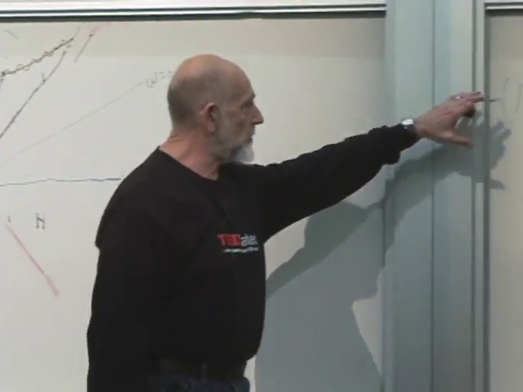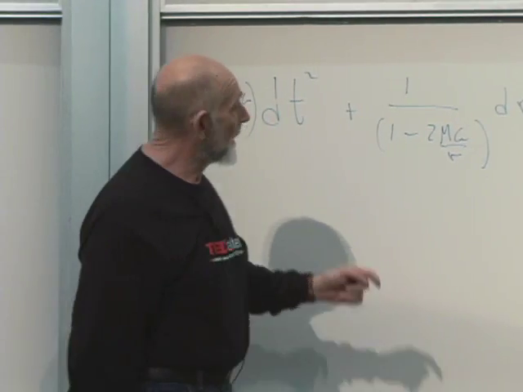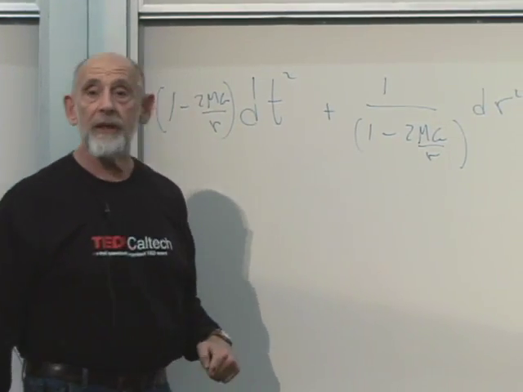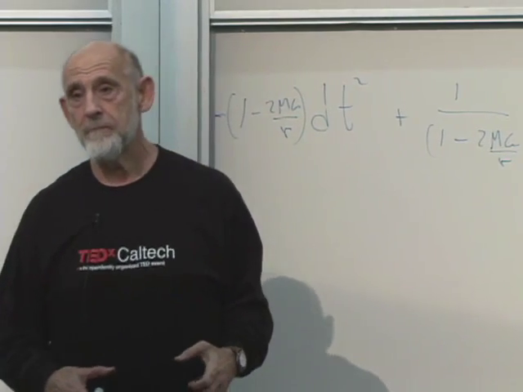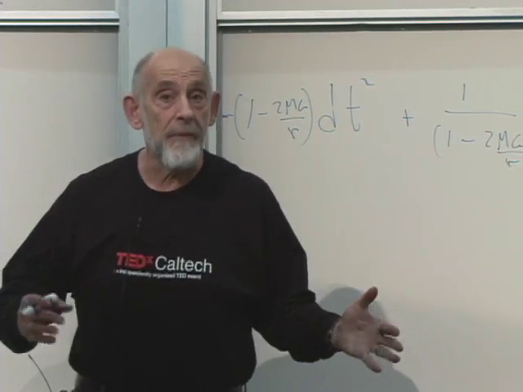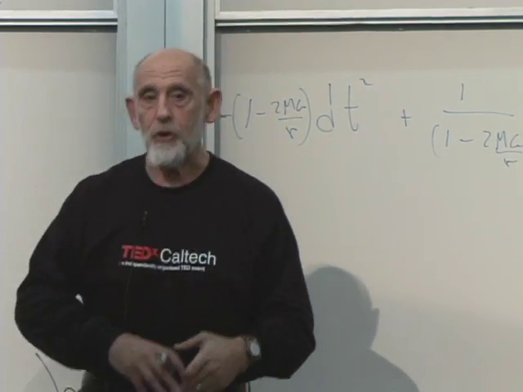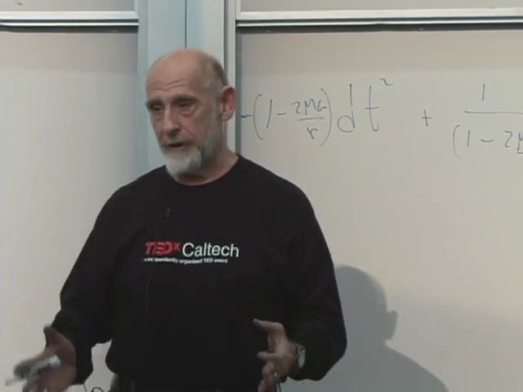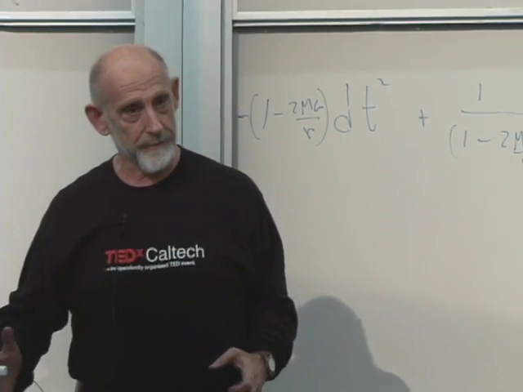In fact, these coefficients here don't depend on time altogether. And what happens to dt squared if we take time to minus time? It stays the same. This metric here is what a physicist would call time reversal invariant. It looks the same going forward as going backward.